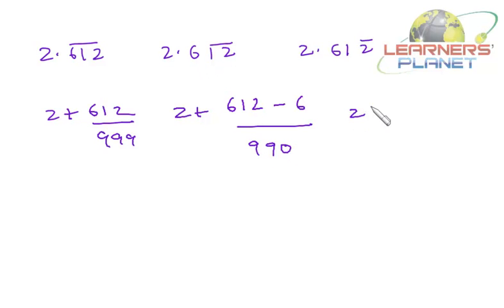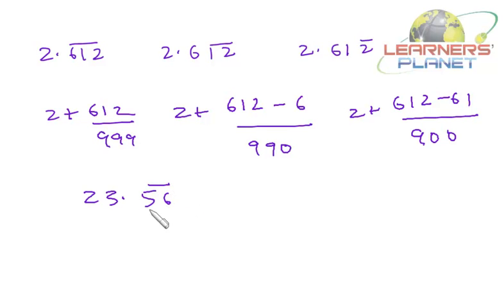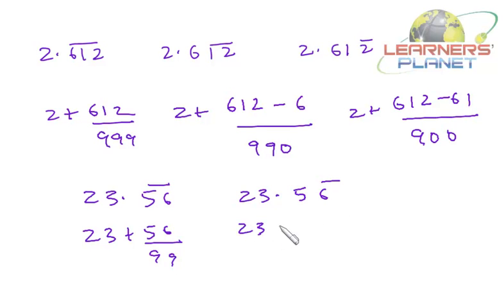Similarly, in this case it is 2 plus 612 minus 61 over 900. Now suppose I am having one more number, 23.56 bar on 56. So I can write 23 plus 56 by 99. Suppose I am having 23.56 with bar on 6 only. Then I'll be writing 23 plus 56 minus 5 over 90, 9 for the 6 and 0 for the 5.